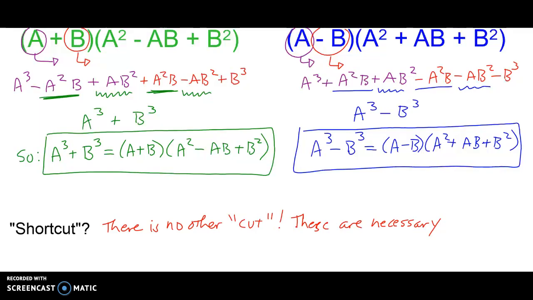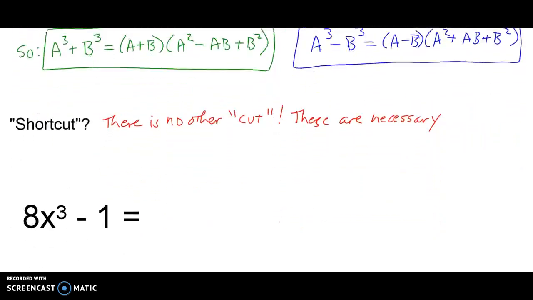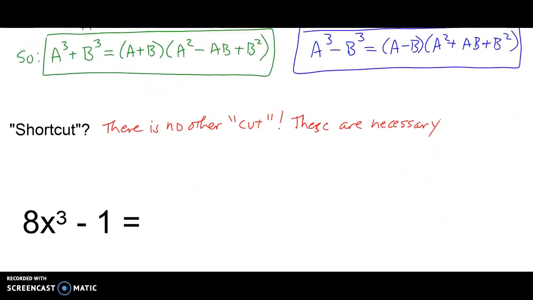So let's see a few different examples of what you actually have to do to use these shortcuts to do problems. So here's one. First of all, which one is it? Is it sum or difference? Well, that's easy. It's got a minus sign in the middle. It's a difference. Once you've identified that it's a difference problem, then you have to sort of translate it into a to the third minus b to the third.